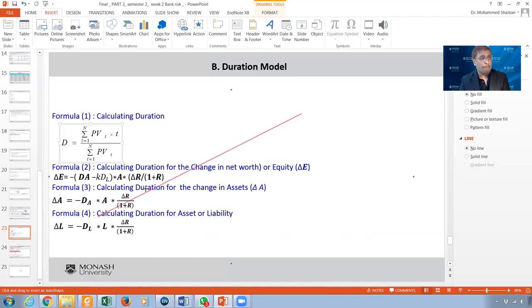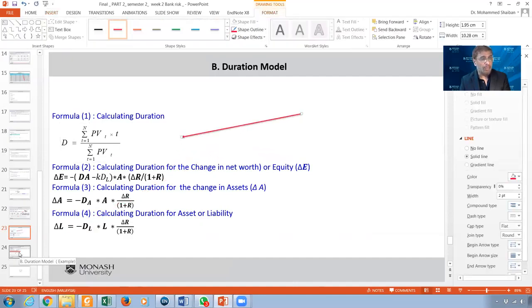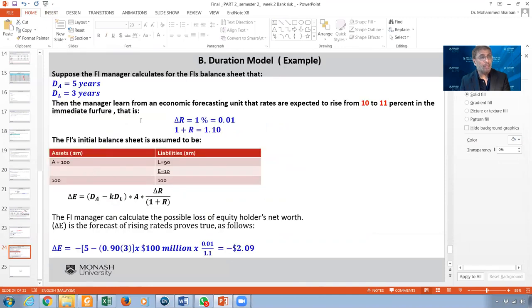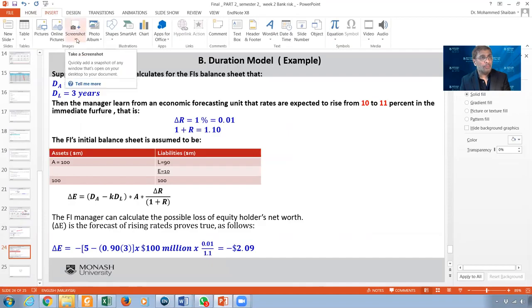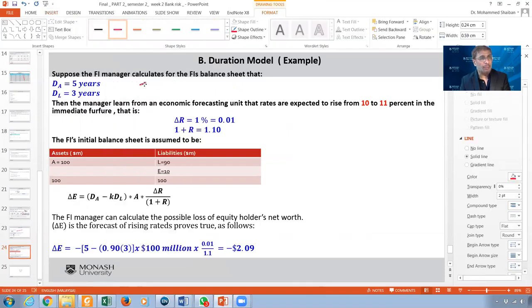But if you look at this example, we have a duration of assets of 5 years, calculated through this table and this formula I showed you before, and a duration of liabilities of 3 years.